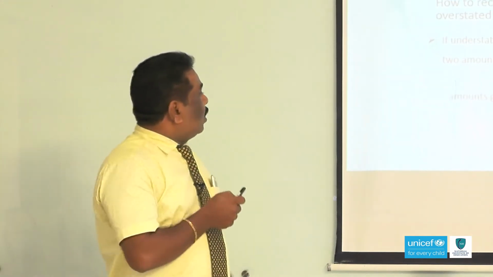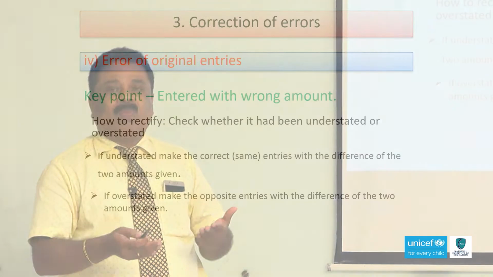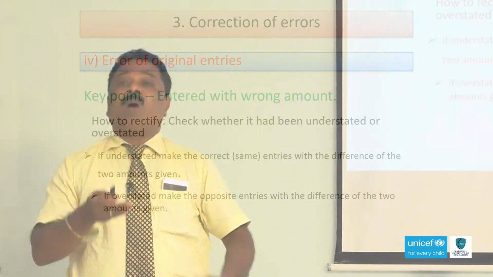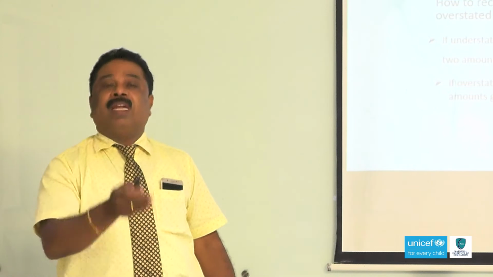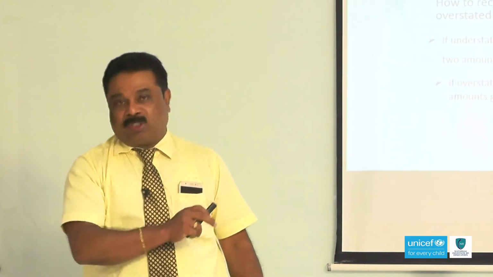And if overstated, make the opposite entry, just the opposite of the journal entries you know, but here also you should enter the difference of the two amounts given. Don't double it. Please remember well: error of reversal, double the amount; original entry, difference. But sometimes they might give a by value. In that case, by value you should record it. By value is the difference of two amounts.